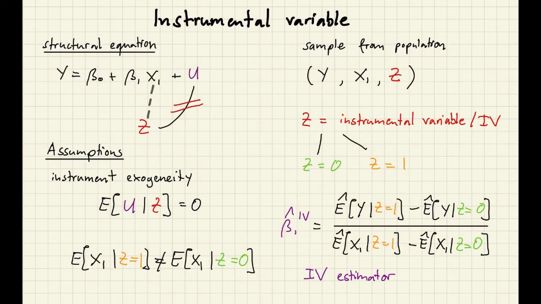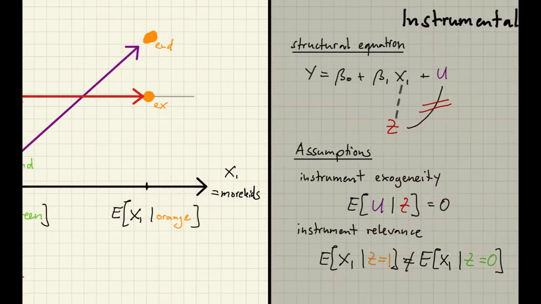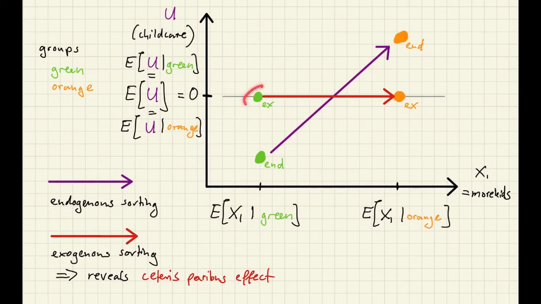This assumption is called instrument relevance. The instrument relevance assumption ensures that when moving from one group to the other, we are moving in the horizontal direction. If instrument relevance is not satisfied, then both groups have the same typical level of x1, and the causal effect of x1 cannot drive an outcome difference between the two groups. Our identification idea does not work if both groups have similar outcome levels.